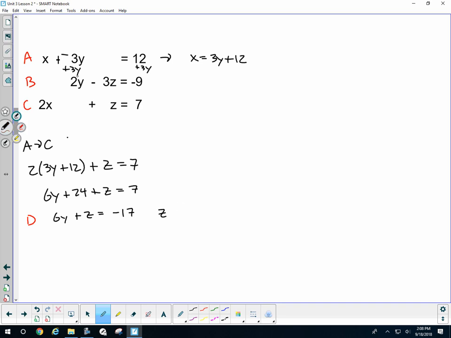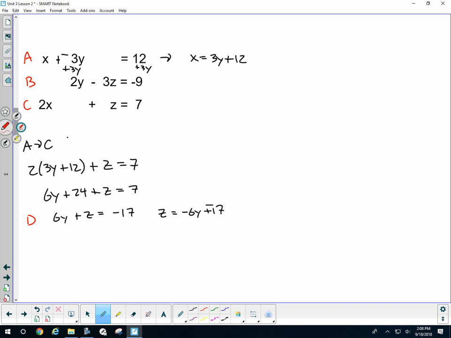Why? Because I notice, if I solve this for z, then I'll have z equal to some version of y's. And if I substitute something in for z in my second equation and it has y's in it, I'll just have y's. And I can solve an equation with just y's for y.